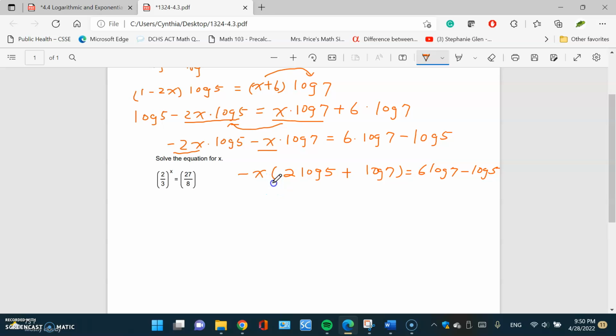Solving for x, we simply divide by 2 log 5 plus log 7. So do the same to the right, and then they will cross out.